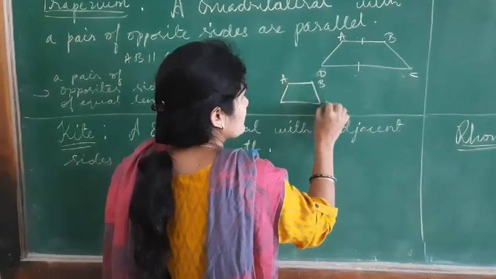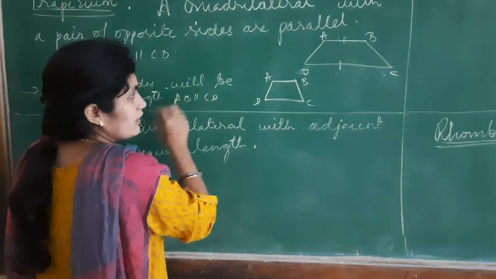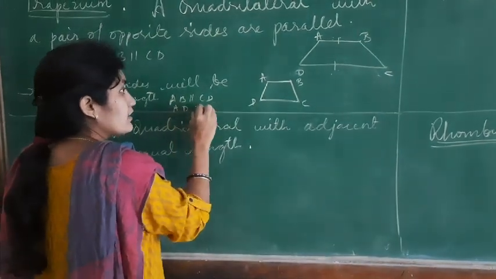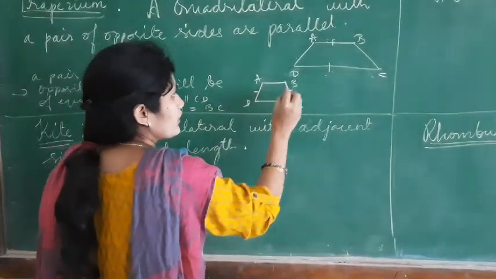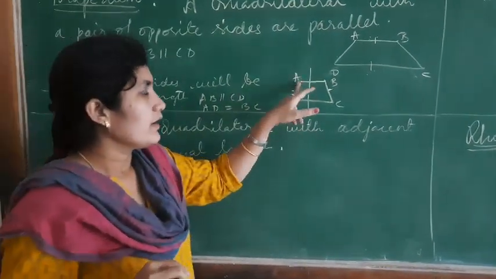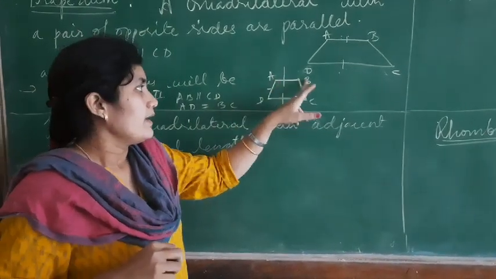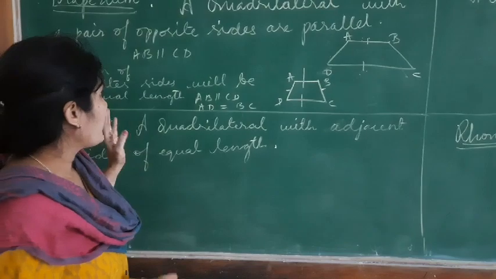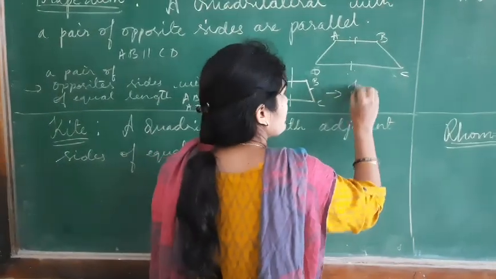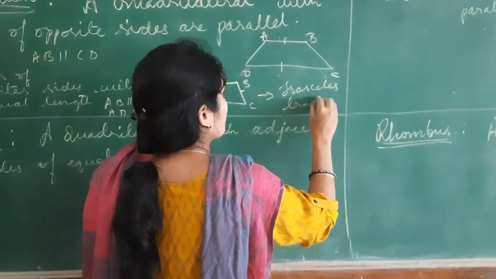A, B, C, D. Here AB is parallel to CD and AD is equal to BC. These two will be equal and this will be parallel. So if the length of AD is 5, the length of BC will also be 5, and AB will be parallel to CD. Such trapeziums are called isosceles trapezium.